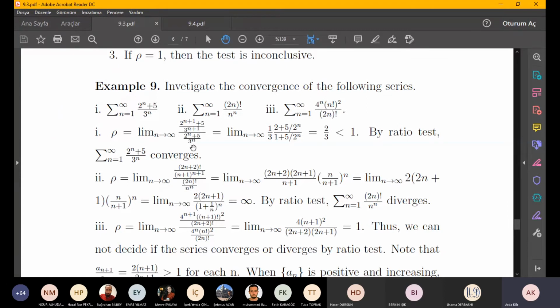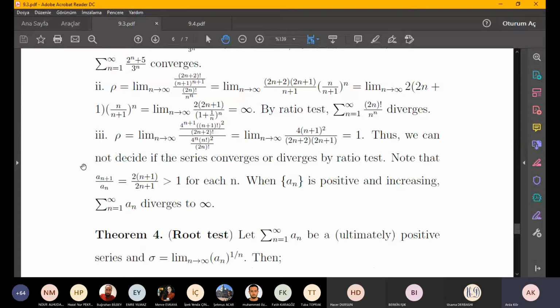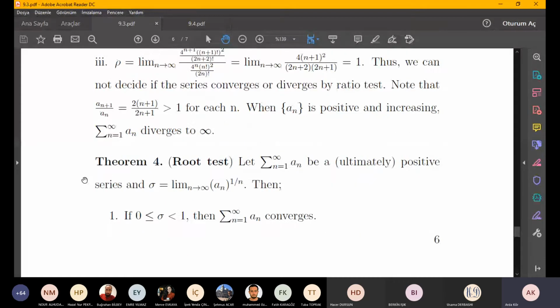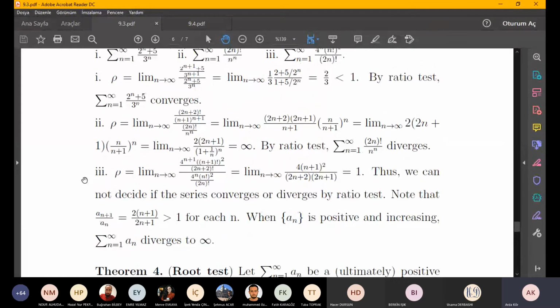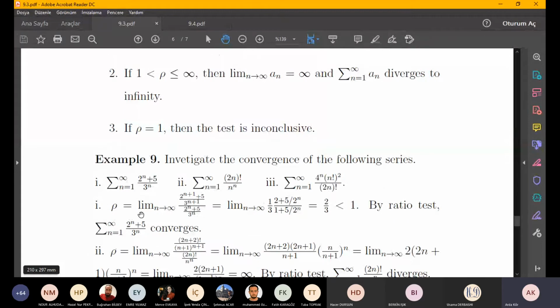If you just rewrite this quotient, you will get that at infinity the limit is 2 over 3, which is smaller than 1. So let's see the conditions again. Smaller than 1, so that directly gives, if rho is smaller than 1, your series is convergent. So here you can say by the ratio test, the series converges.